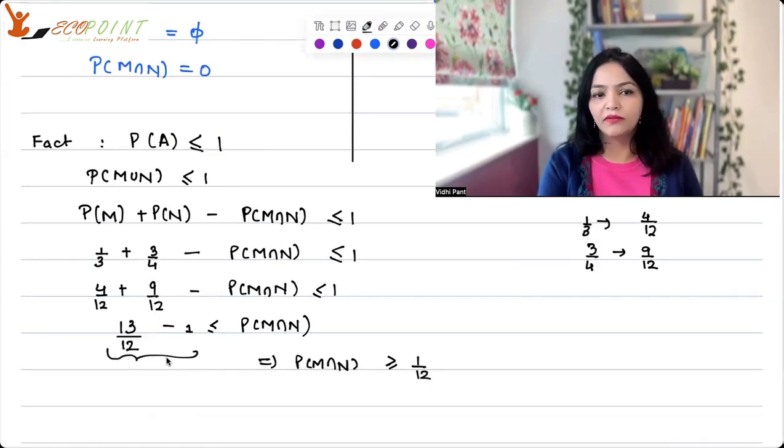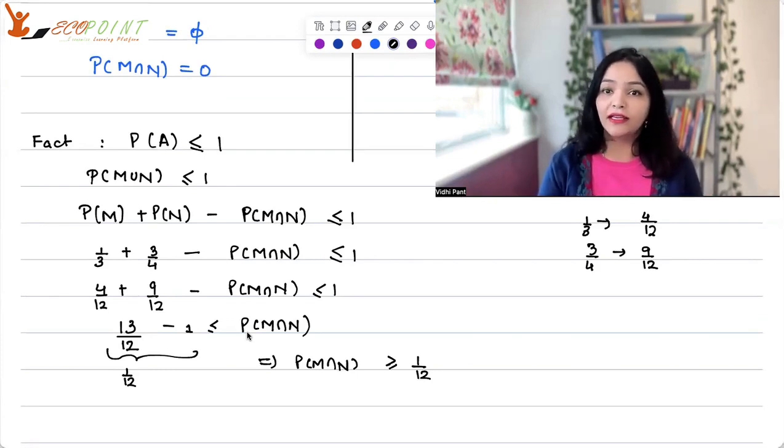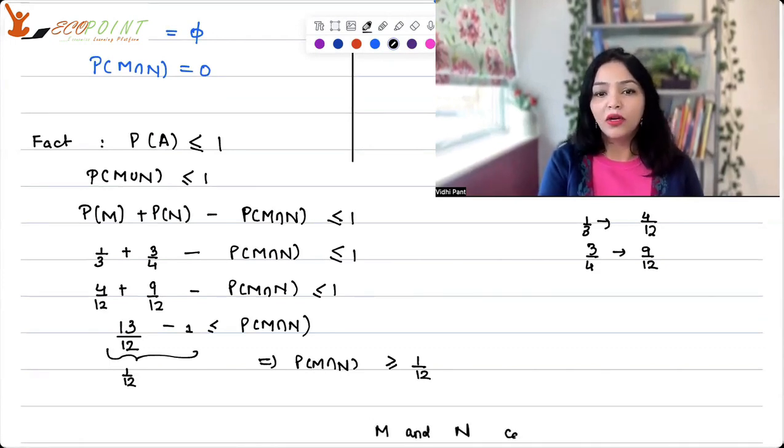That means the probability of the intersection is greater than or equal to 1 upon 12, so you do have something in the intersection. It cannot be the case that the intersection is phi. So this means M and N cannot be disjoint.